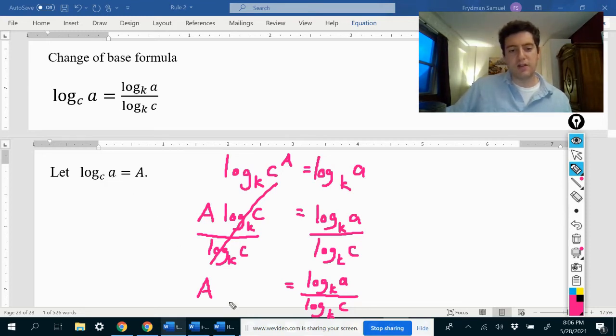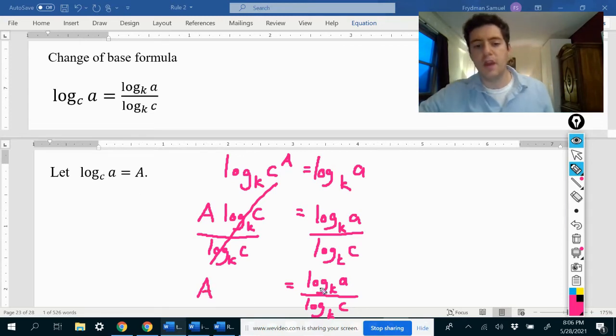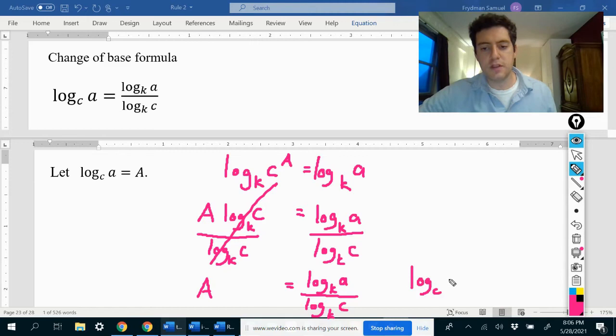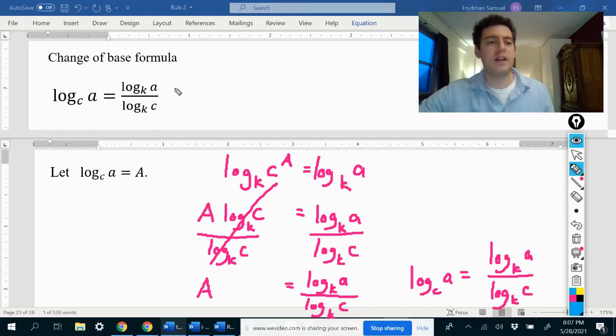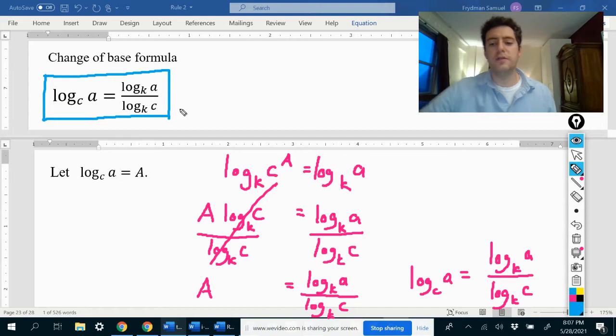So I ran out of space down here, but we can just substitute this for capital A. And then if we replace this with this, we would get the log c of little a here equals this. Okay, and that is exactly the change of base formula that was written over here.